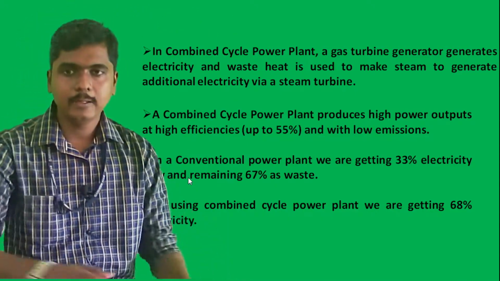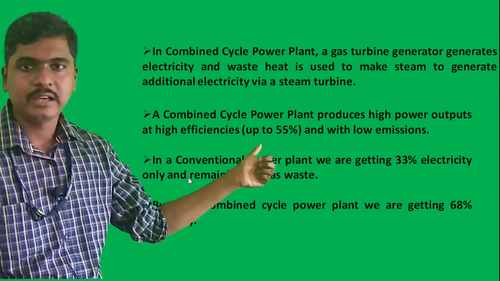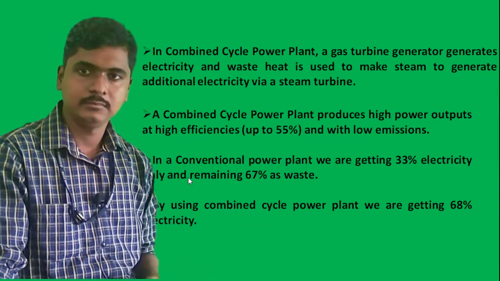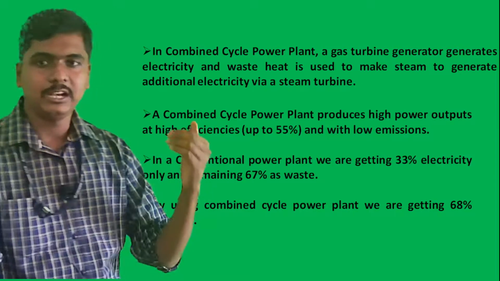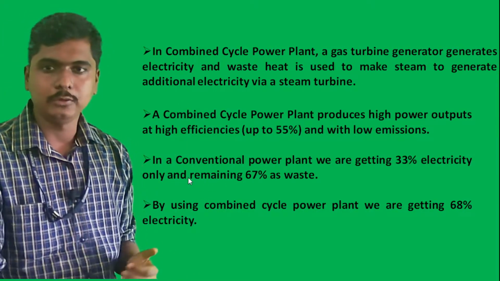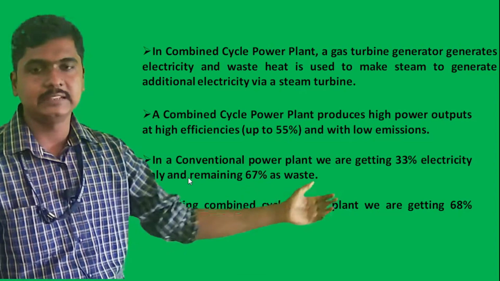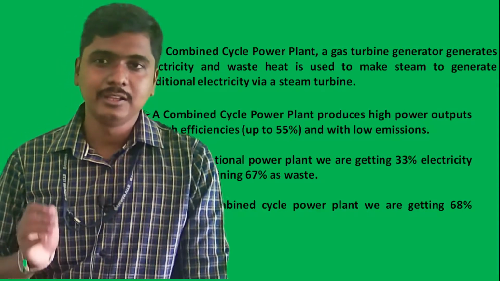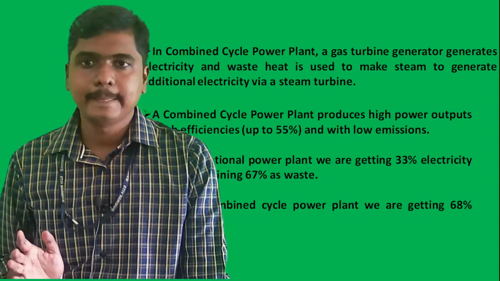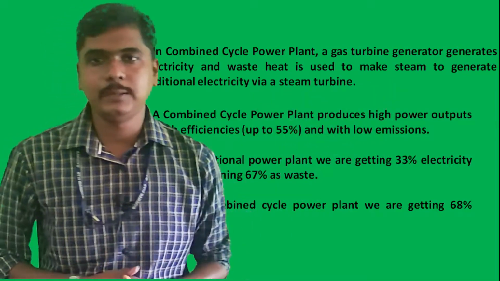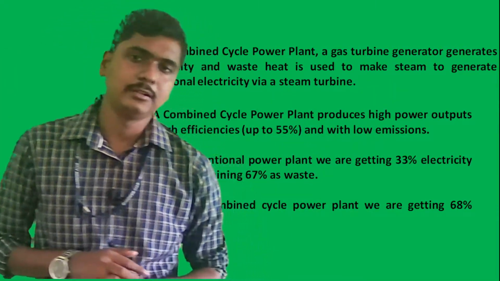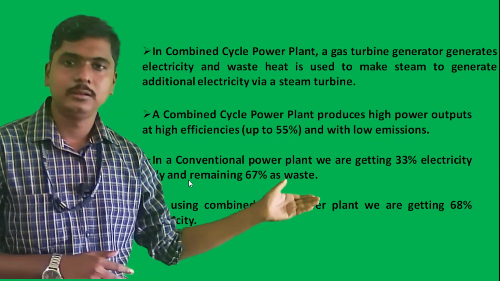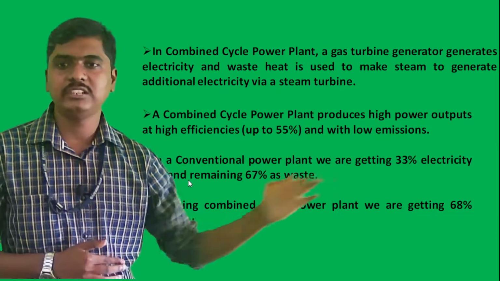Okay. Now a combined cycle power plant produces high power output at higher efficiency and low emission. Emission will be less and efficiency will be high. Already I told you, in a conventional power plant we are getting 33% electricity. Conventional power plant means whether it is a diesel power plant or a steam turbine power plant, or open cycle gas turbine power plant or closed cycle gas turbine power plant, normally we are getting some 30 to 40% of electricity, and the remaining will be liberated as waste heat.